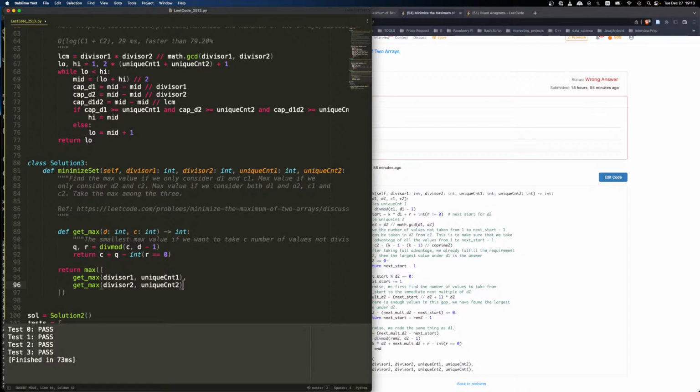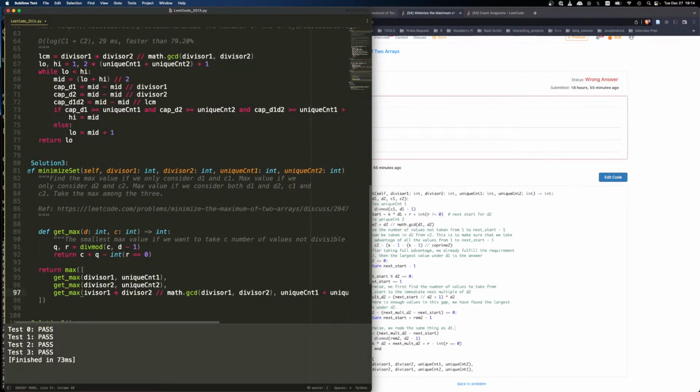The reason we can do both is that when we do both, we just say they're not divisible by this, so it's everything that's available. And then it works because we can always swap them. And then we say get max, say D1. No, it's not D1. That should be the LCM. Okay, LCM and unique 1 plus unique 2.